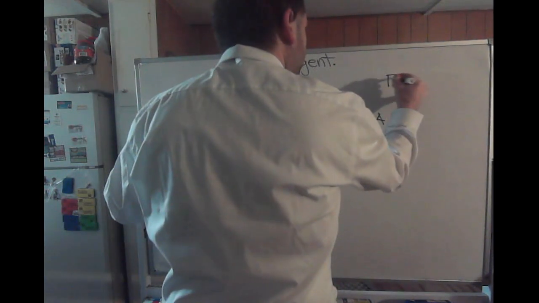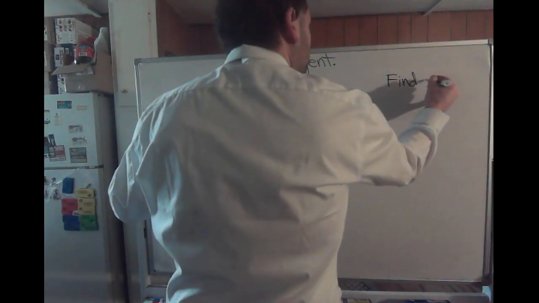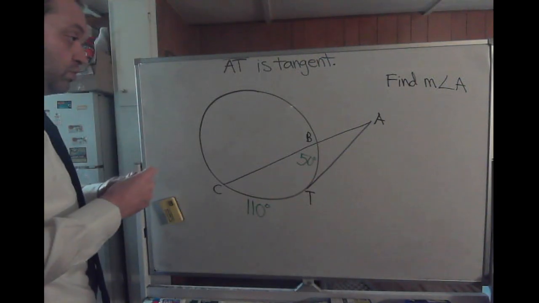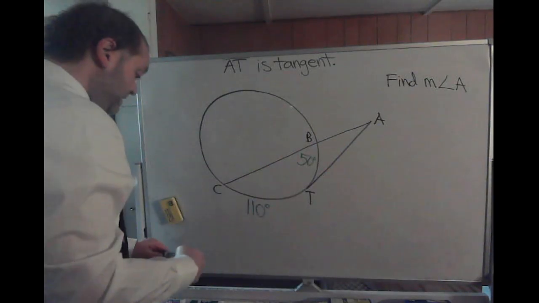We're going to find the measure of angle A, which of course is formed by a secant and a tangent line.